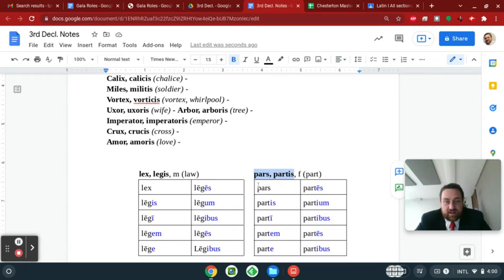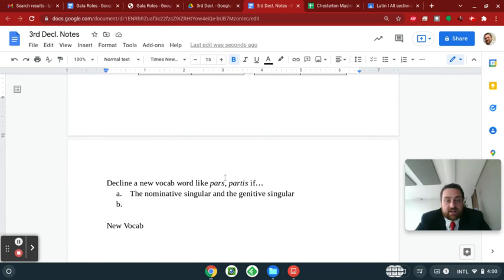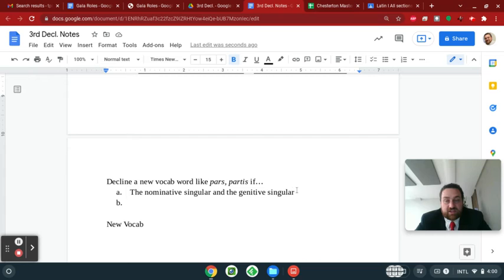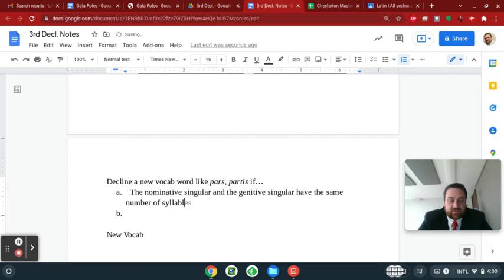It's just showing the nominative singular and then the genitive singular. If the nominative singular and the genitive singular have the same number of syllables.